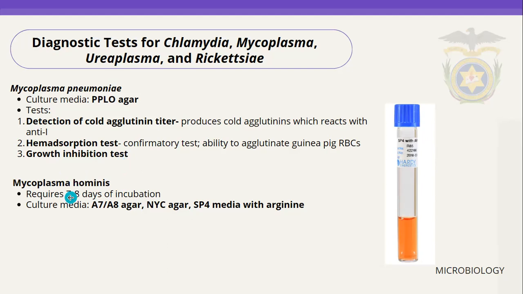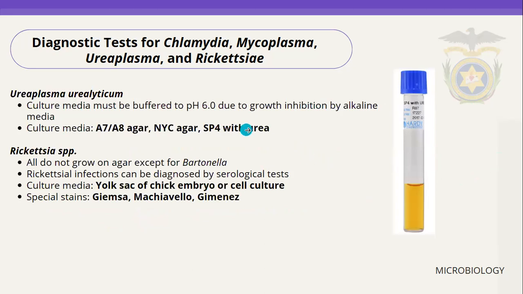For Mycoplasma hominis, we require 7 to 8 days of incubation, and we use different culture media like A7/A8 agar, NYC agar, and SP4 media with arginine. For Ureaplasma urealyticum, culture media must be buffered to pH 6.0 due to growth inhibition by alkaline media.